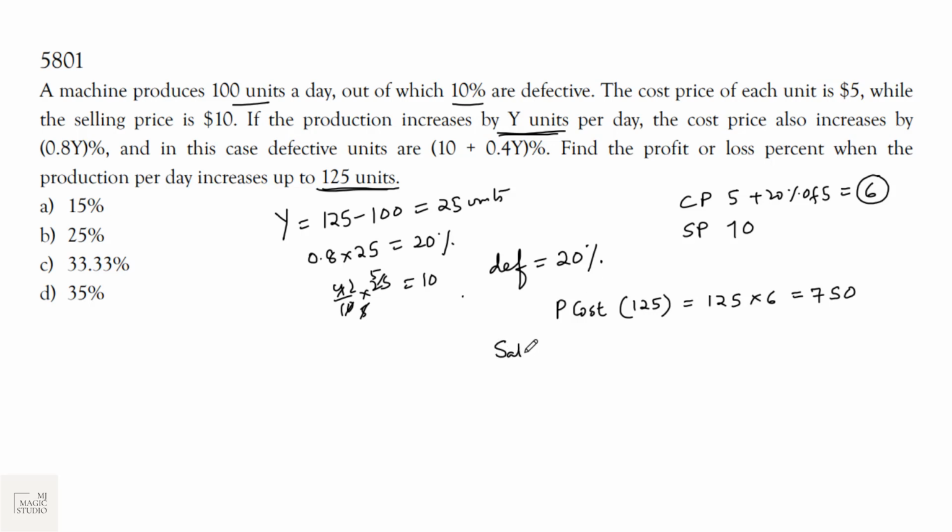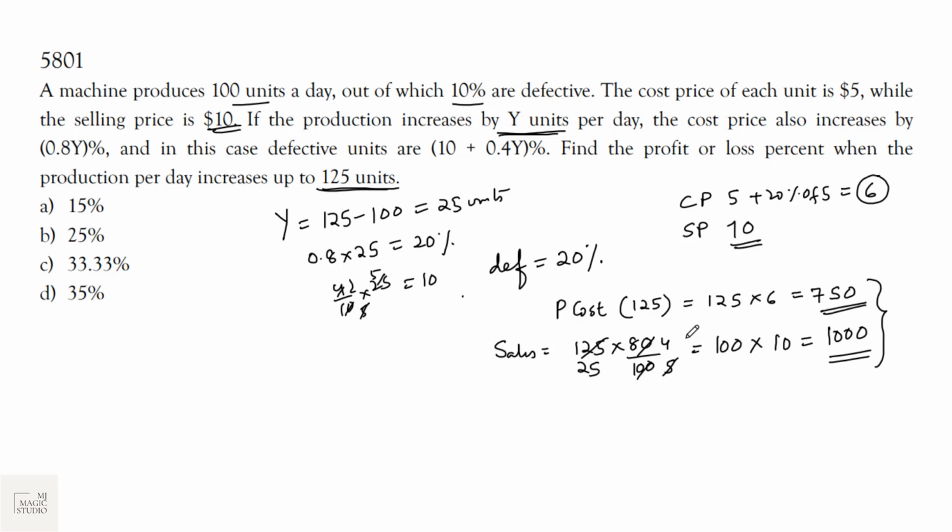So sales units would be 125 into 80% only, that is 4 by 5, which is 100 units. That means he's selling only 100 units and he's selling at $10. Nothing is said about the increase or decrease in selling price. So 1000. Great. This is the sale revenue.